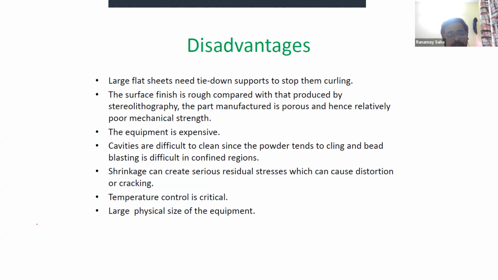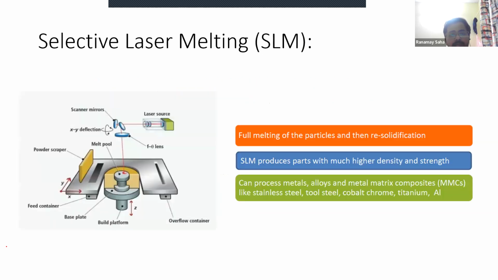Also, the equipment is expensive, so the initial expenses are high, then temperature control becomes critical and the equipment size is quite large. Okay, so these are your major problems related to the SLS process.